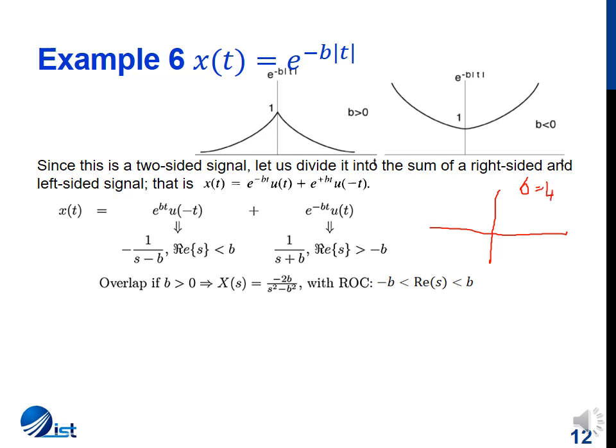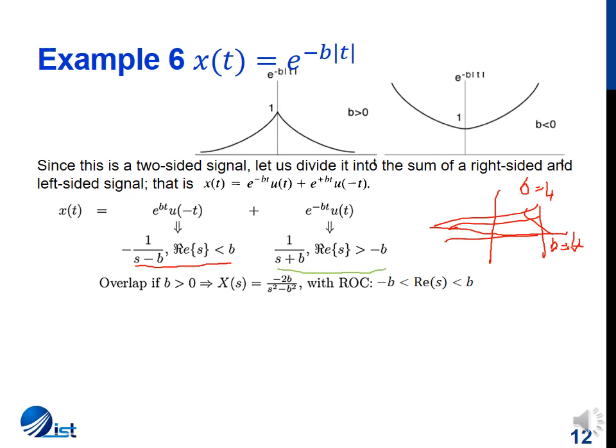So for the left hand sided signal, when the ROC is less than b, our ROC is less than this portion. Similarly, for the right hand sided signal, our ROC is greater than minus b.